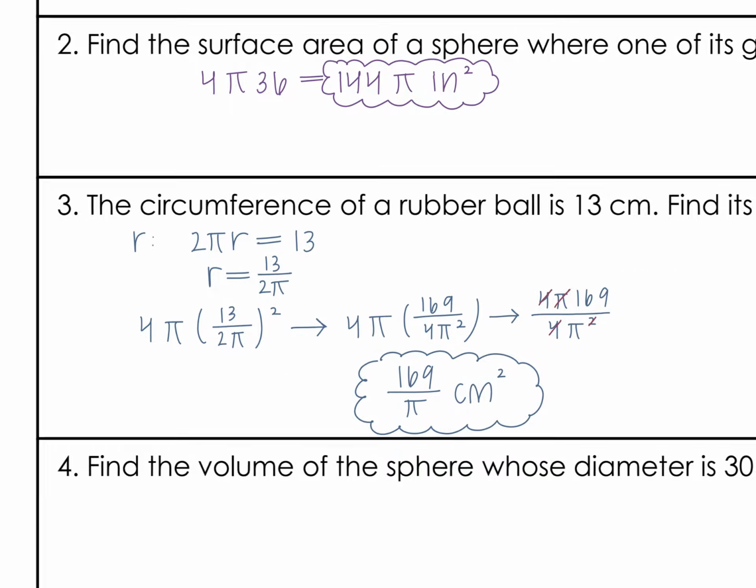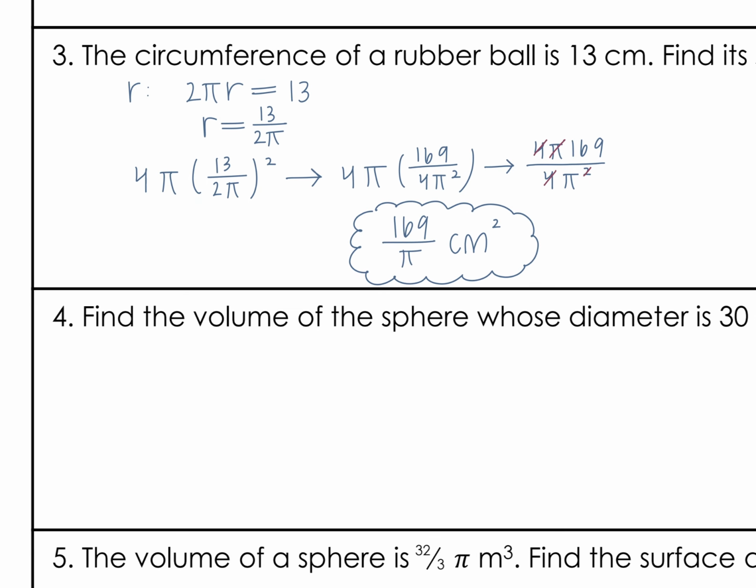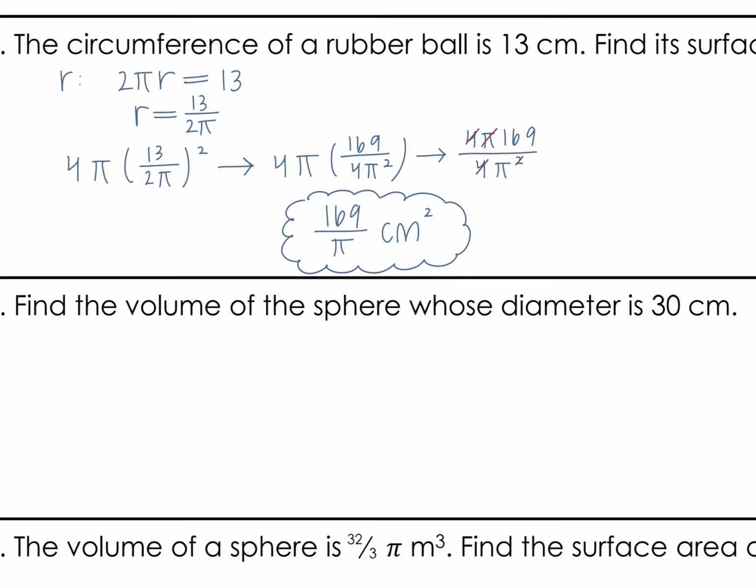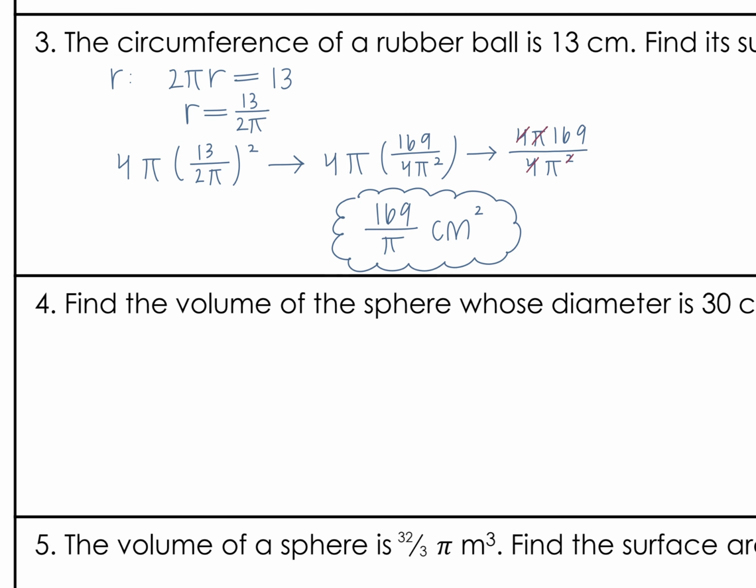All right, now let's look at number 4. So for number 4 here we have find the volume of a sphere whose diameter is 30 centimeters. So once again, I'm going to start off by finding my radius. So I'm going to take that 30 and divide it by 2 to get 15.